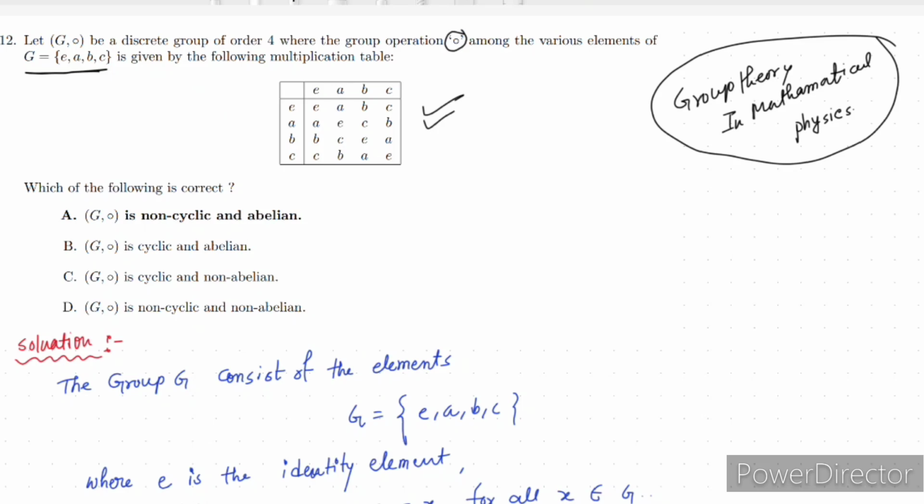Which of the following is the correct answer: non-cyclic abelian, cyclic abelian, cyclic non-abelian, or non-cyclic non-abelian? Actually, we just check whether G is cyclic and whether G is abelian.